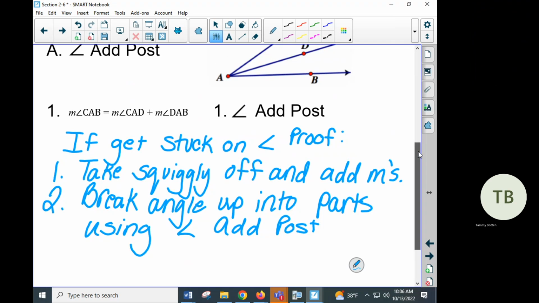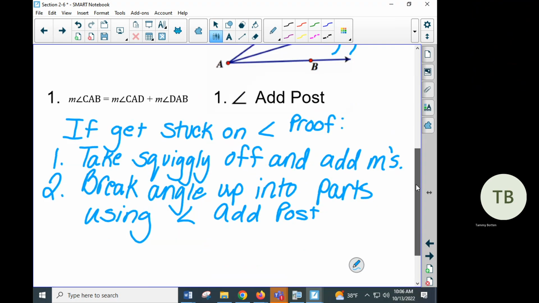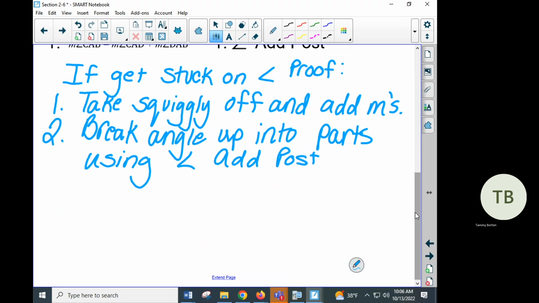What that means, just so you know, that would be where you'd say this whole angle equals this angle plus that. That's what that means. Once you get to that point, then you're gonna look at your proof statement and start using substitution to try to get to it.